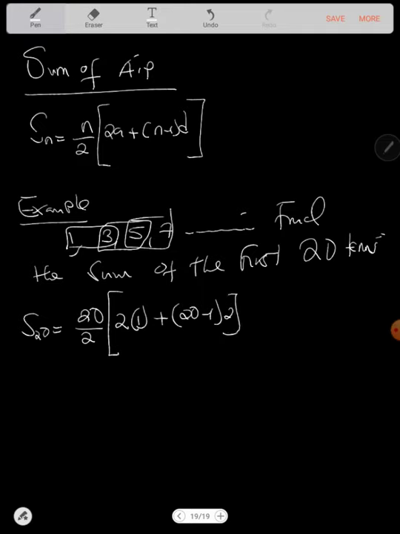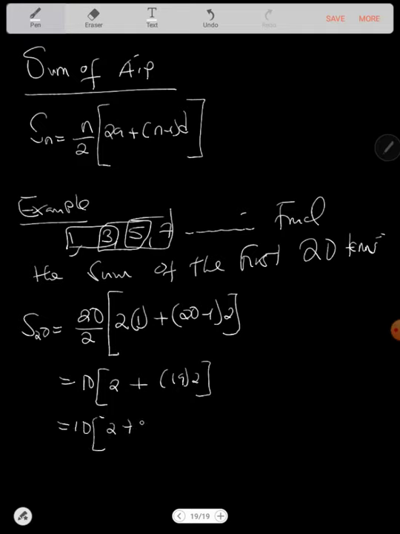So 2 into 20 gives you 10. Make sure you answer it the way I'm answering and follow the procedures. So 2 times 1 is 2, plus 20 minus 1, which is actually 19, times 2. This will give you 10.